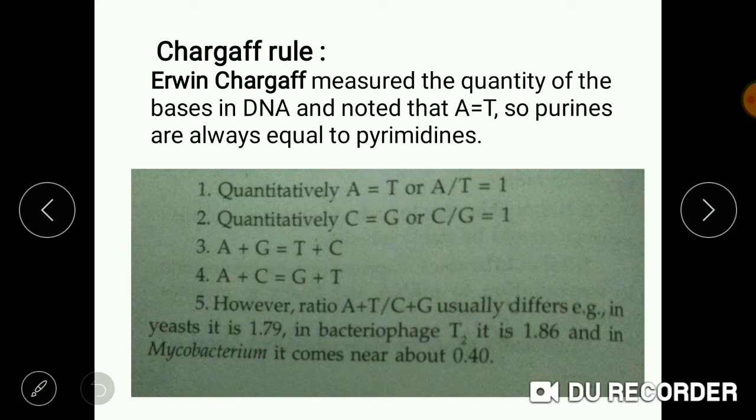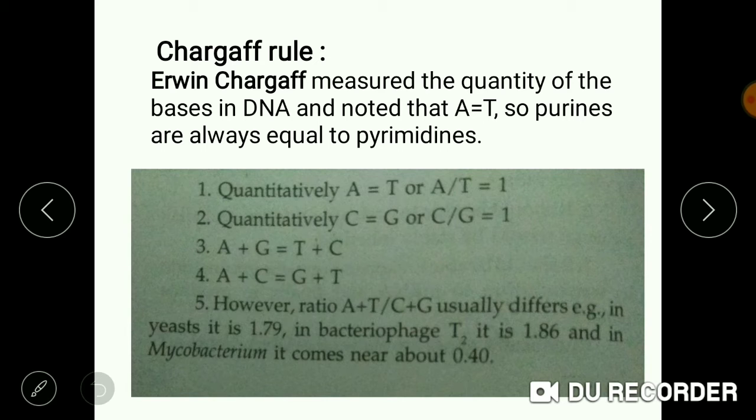Now we move on to Chargaff's rule. Erwin Chargaff measured the quantity of bases in DNA and noted that the amount of adenine is equal to thymine. So purines are always equal to pyrimidines. This was what he concluded.